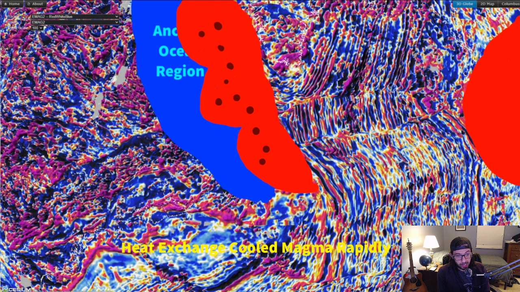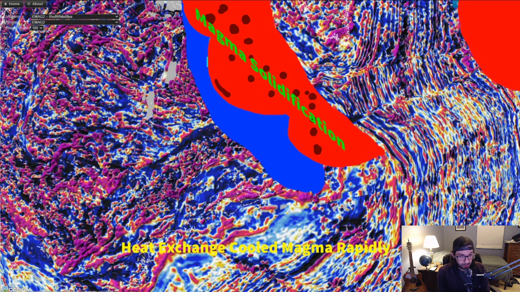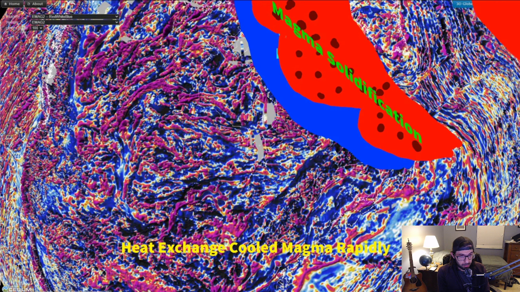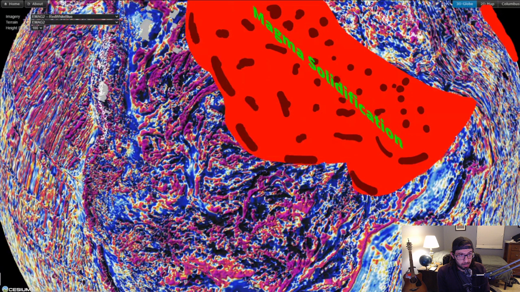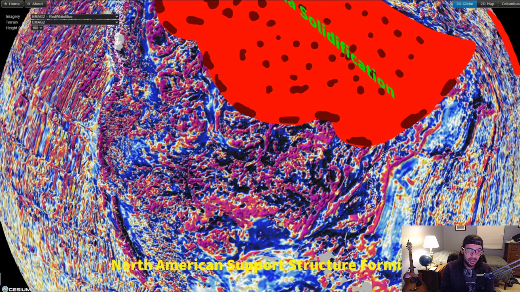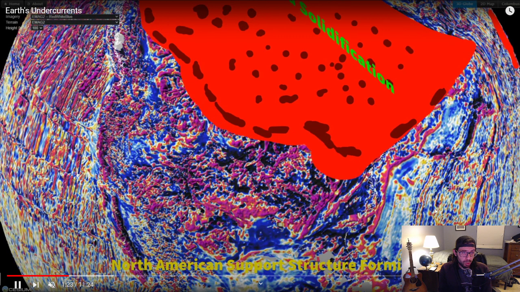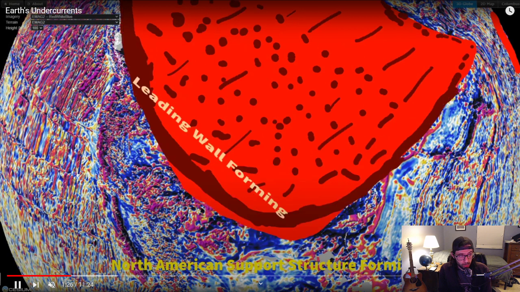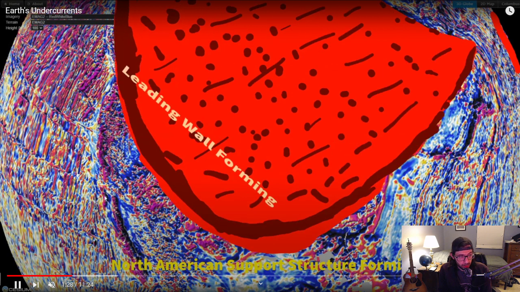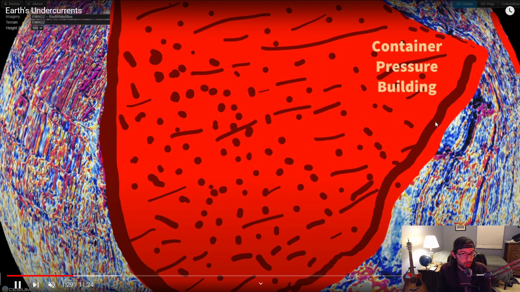Heat exchange cooled magma rapidly. Then a support structure formed. A leading wall formed, which ended up being here. Especially visible there still.